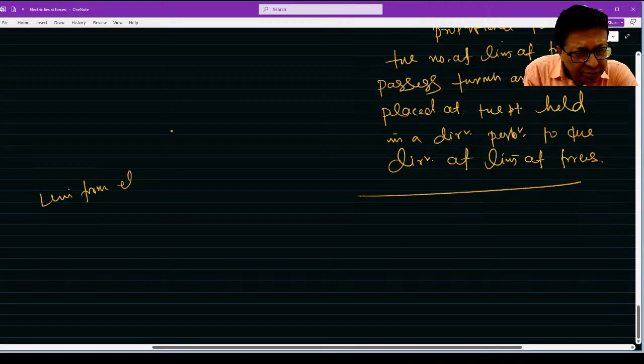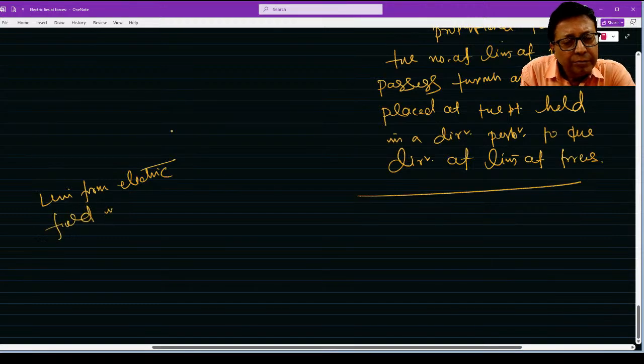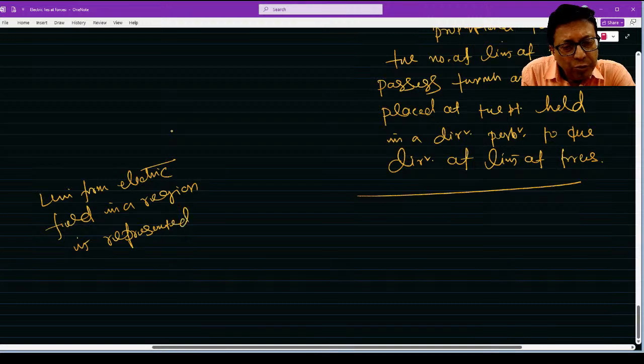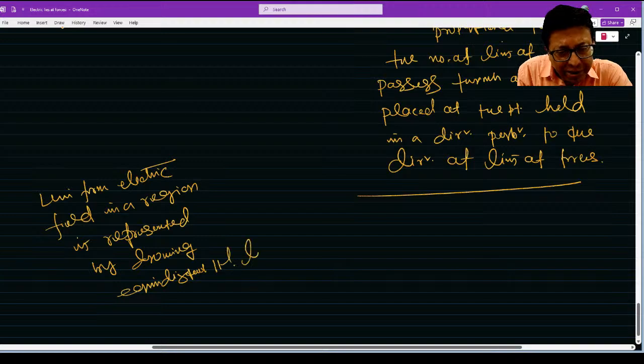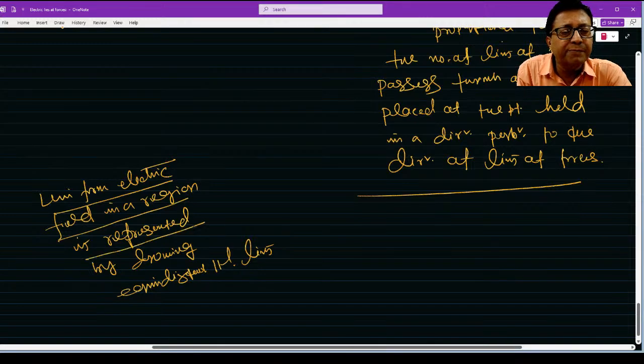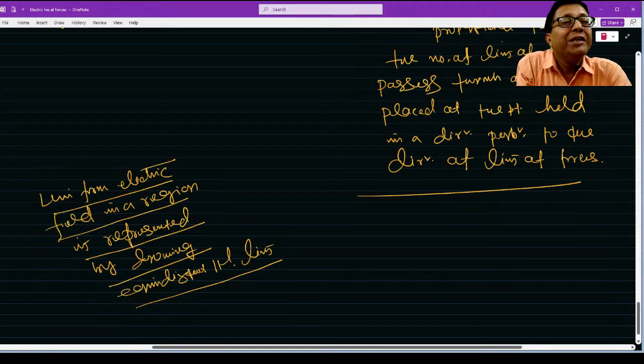Uniform electric field in a region is represented by drawing equidistant parallel lines.